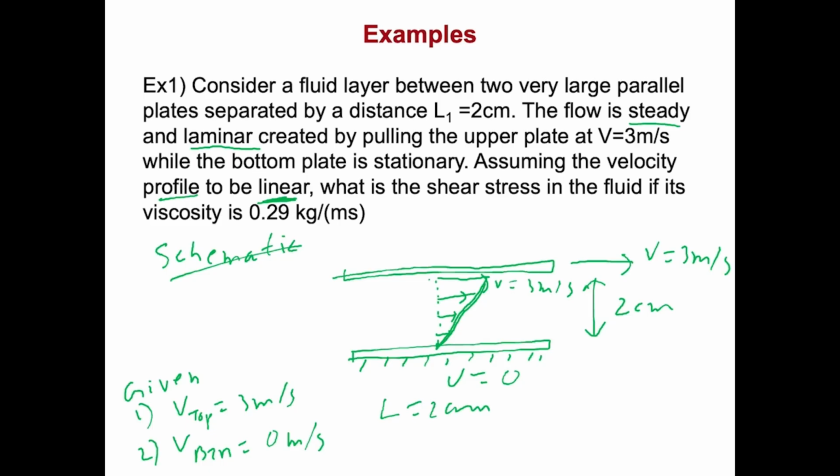What I try to do, so I don't make mistakes in units, since this is all in SI units, meters per second, is convert it right here to meters. So it's 0.02 meters. That's third. And the fourth thing that you have been given is the viscosity. Okay, so these are the quantities that have been given to you.